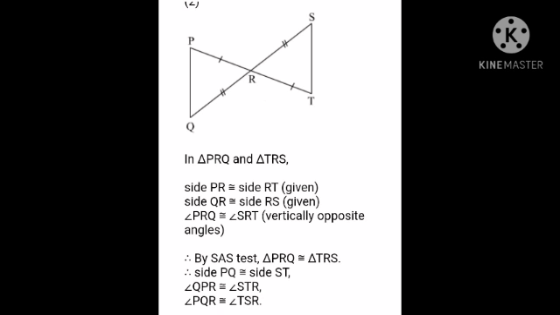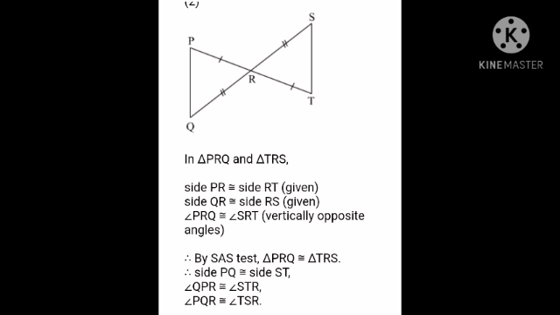In triangle PRQ and triangle TRS, side PR is congruent to side RT given in the figure. Side QR is congruent to side RS given in the figure. Angle PRQ is congruent to angle SRT. They are vertically opposite angles.